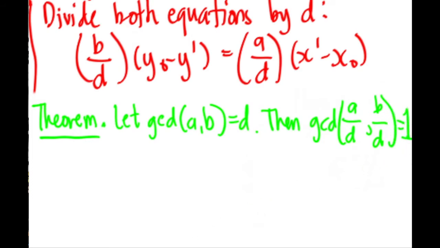So by this theorem, we'll continue. Since we said that the GCD of A and B is equal to D, therefore the GCD of this A over D and B over D, literally here, is equal to 1.